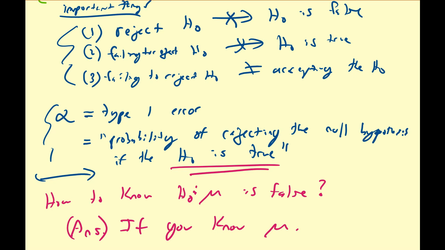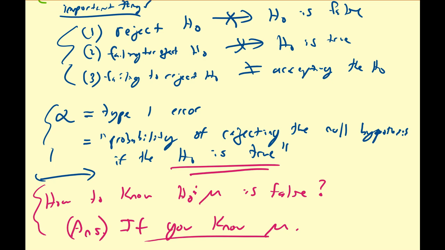Even if your confidence interval says that you're 99.9% confident that mu is something else and this null hypothesis is not in there, it does not mean that you know what mu is. You just have some confidence interval that is used for estimations. But this is the only way that you can know if the null hypothesis is false. That is, if you know what mu actually is equal to.